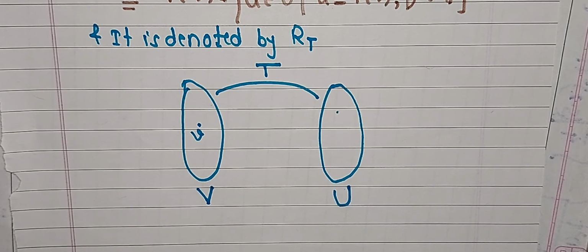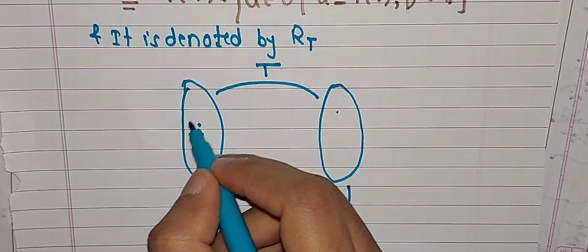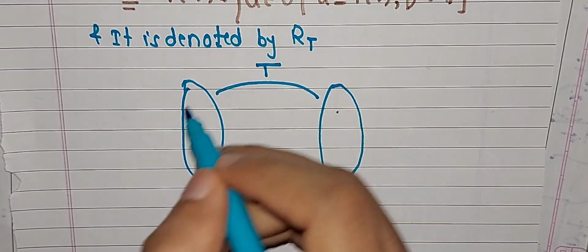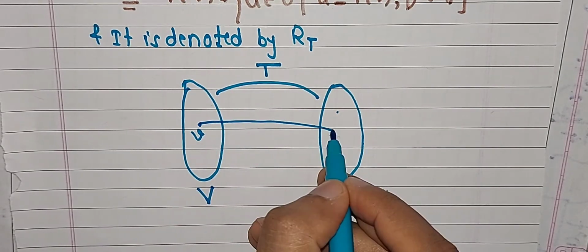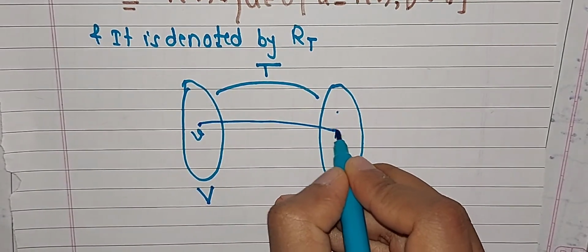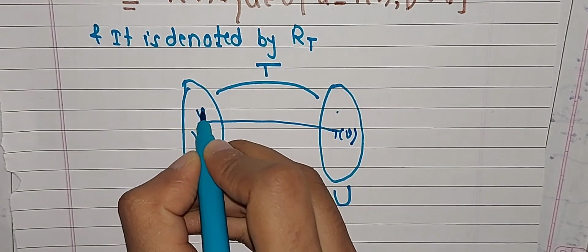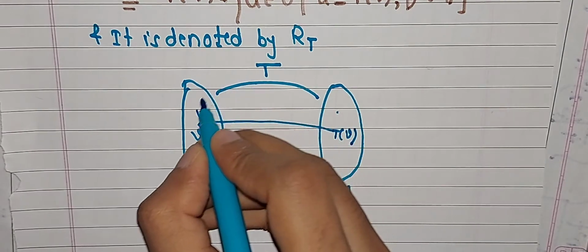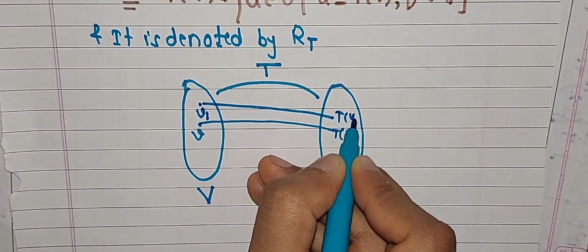Okay, so here we have a transformation T, and when we consider V, the domain, and the domain contains a small v element, and when we apply T on it, its image will give us a value here somewhere, that is T of v. Similarly, if I choose another element v1, then when we apply T on this v1, its image will be T of v1.